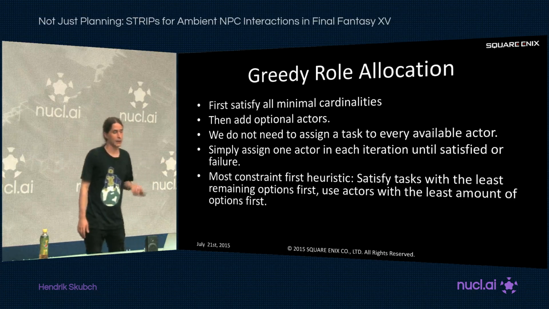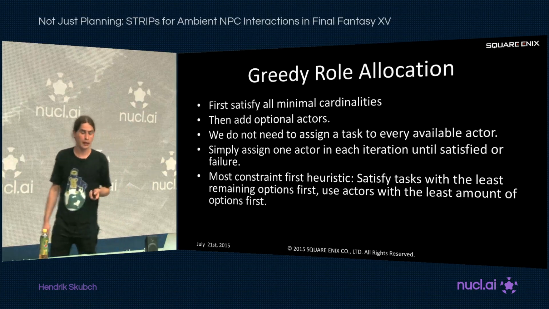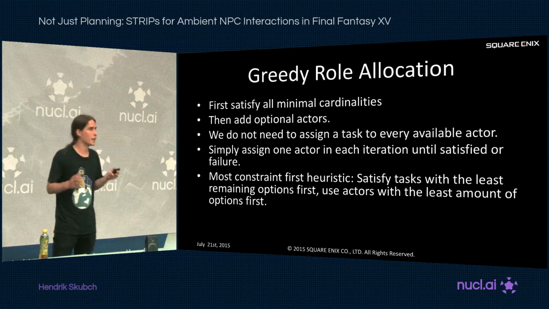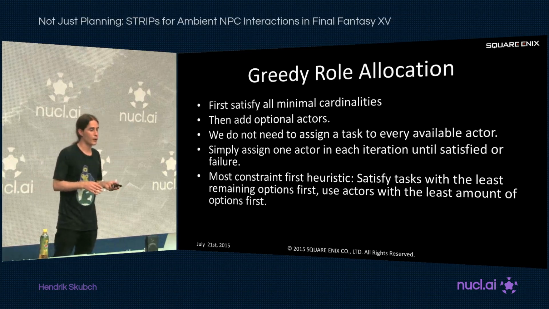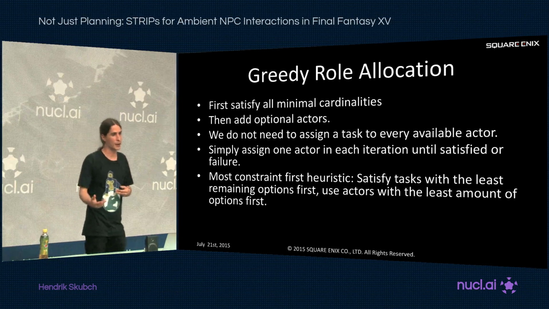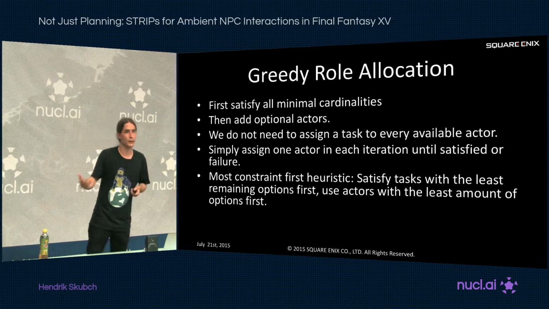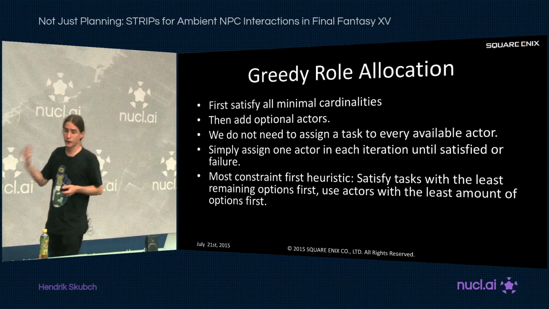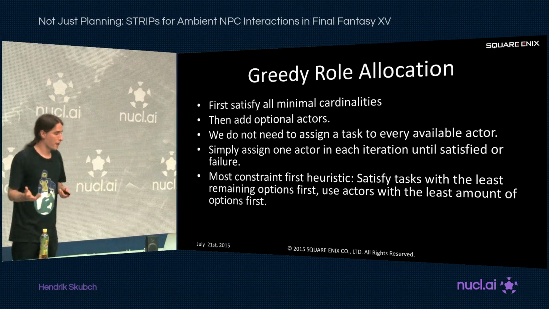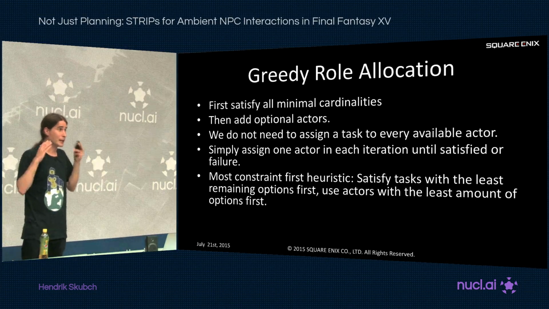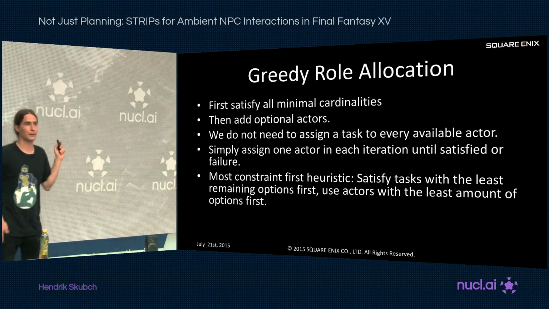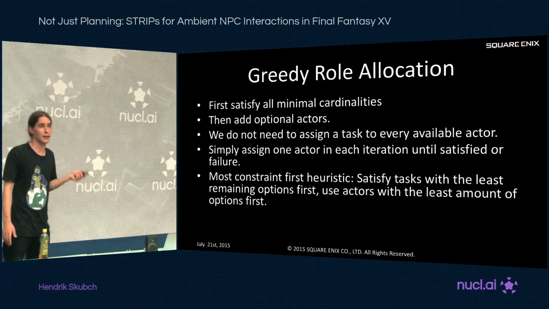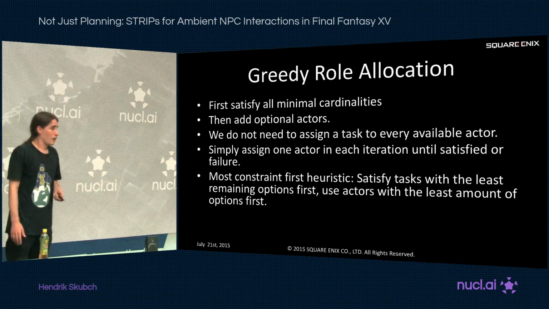We can guide that, though, a little bit with a heuristic and say, try to satisfy tasks with the least remaining options first, and use actors with the least amount of options first. Will allow us to solve a couple more problems that way. Of course, in the end, it is NP hard, so that strategy will not always find a solution, which is completely fine.